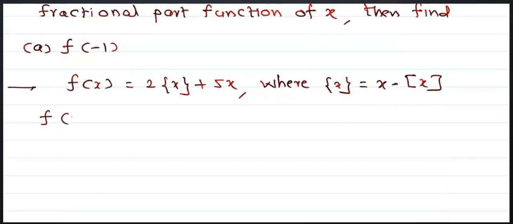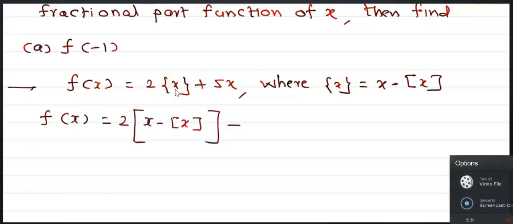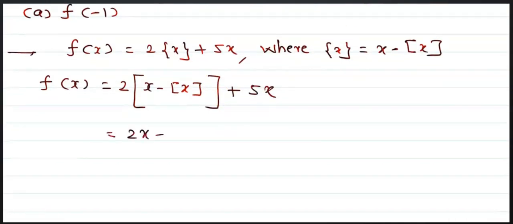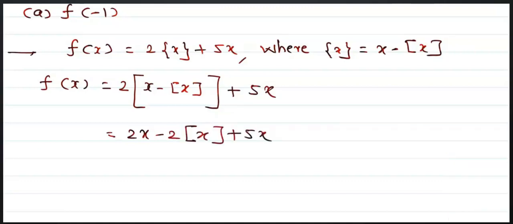So f of x is equal to 2 times the fractional part of x, that is x minus the integral part of x, plus 5x. If we simplify, 2 into x minus 2 into the integral part of x plus 5x. Again simplify it.